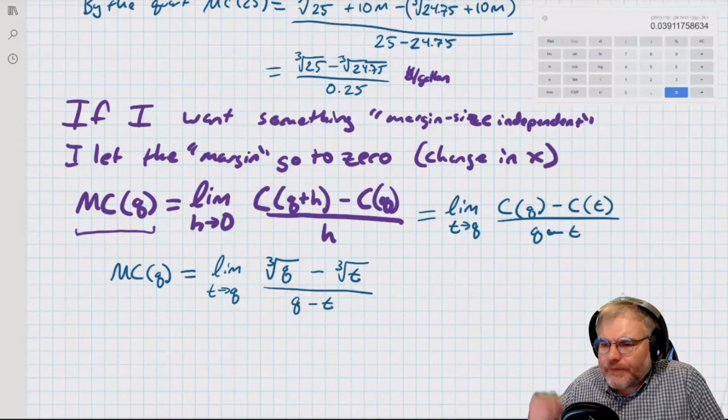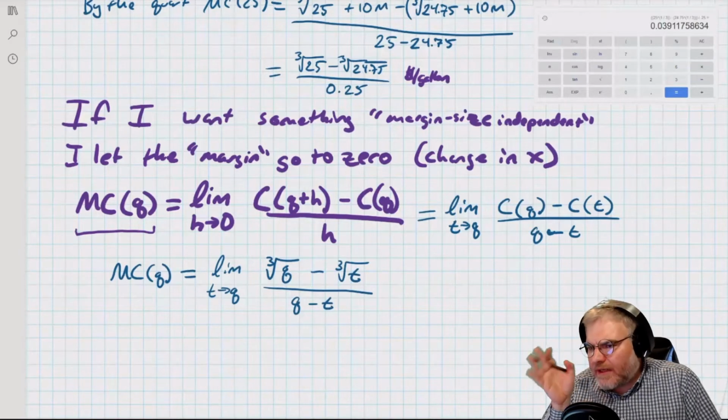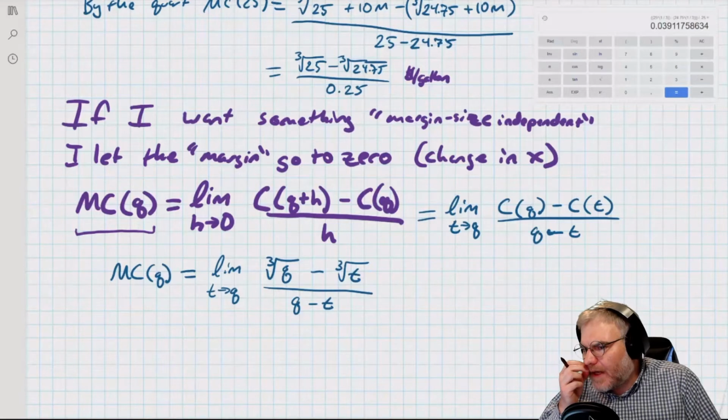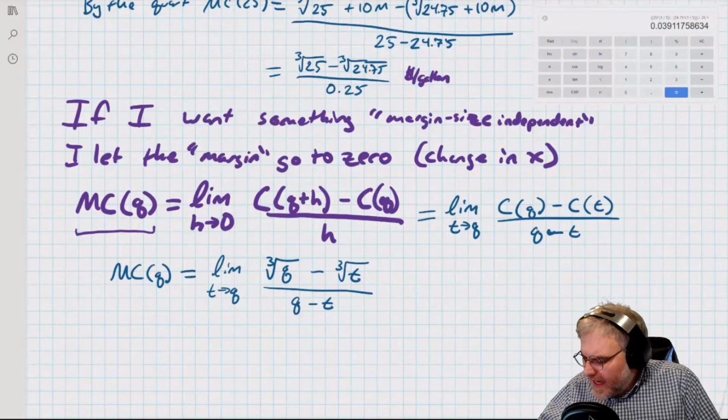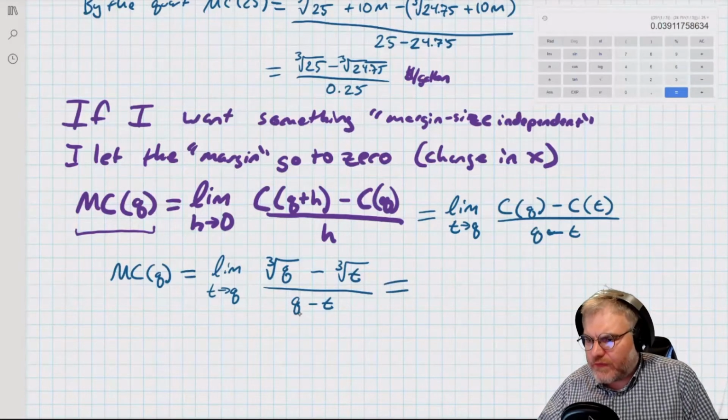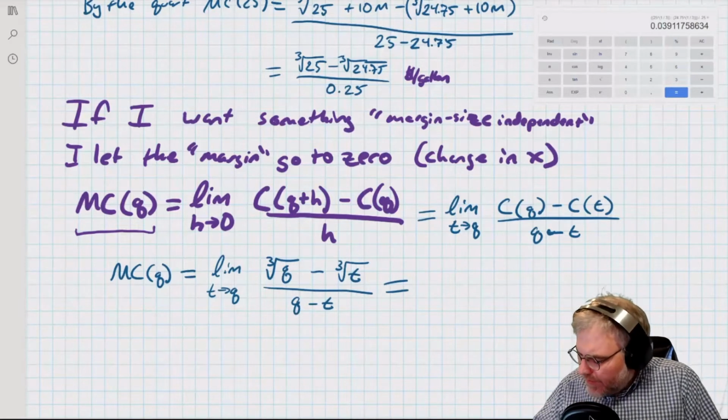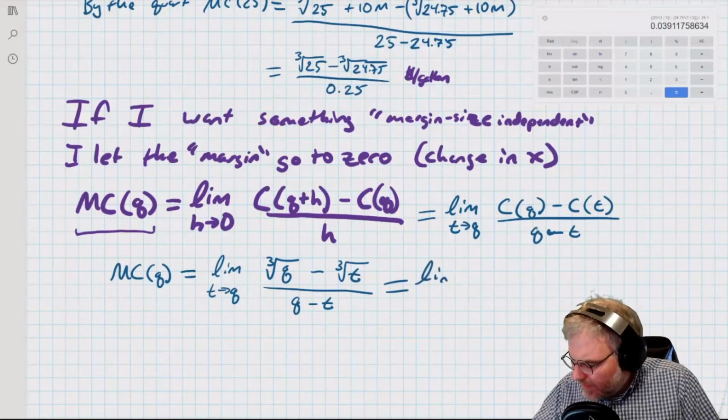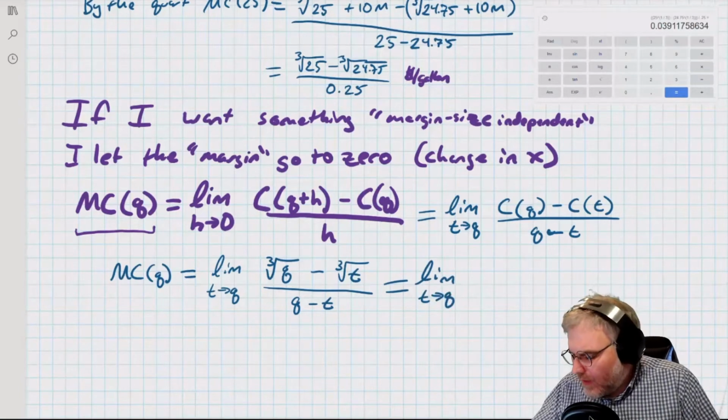Okay. Now, I don't know how many of you remember this, but there is a formula called the difference of cubes. Again, this is a little algebra that I don't expect you to know off the top of your head.